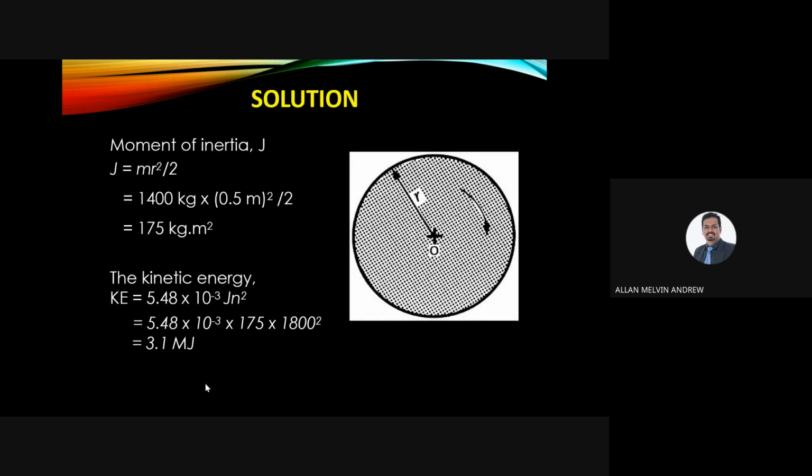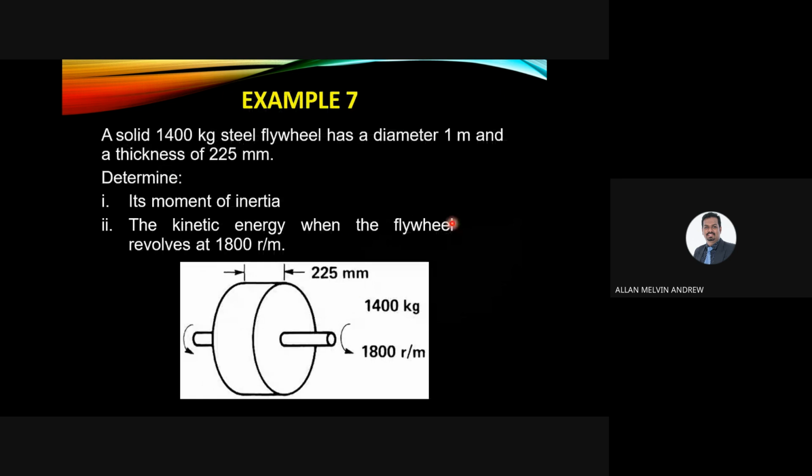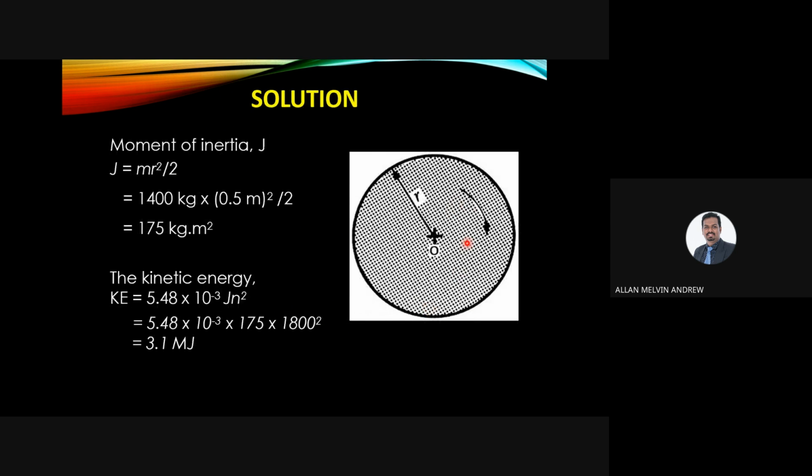So, solution. First we want to find the moment of inertia J. We know it's a solid body. Here the question is given in 3D, so we need to convert it into 2D for us to understand. When we see this, we know it's a solid body with the center axis of rotation at the middle, and it has a radius.